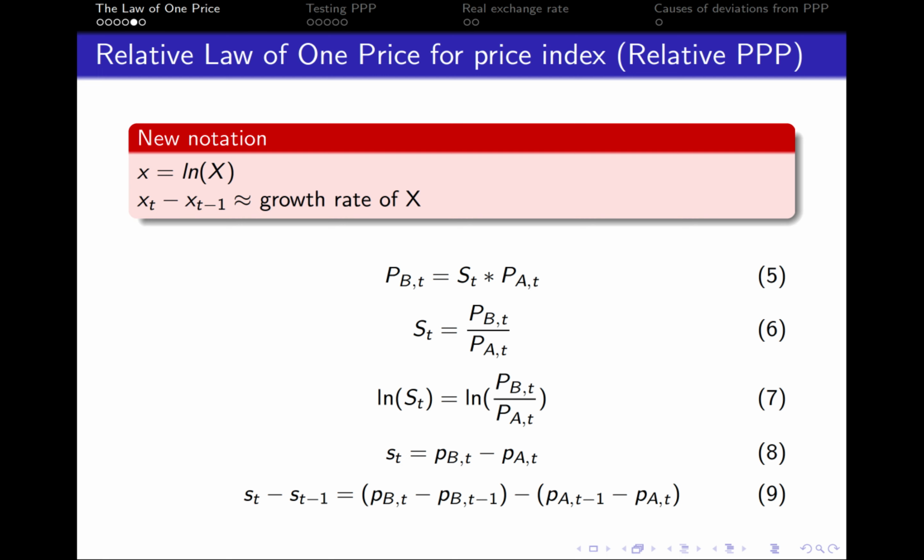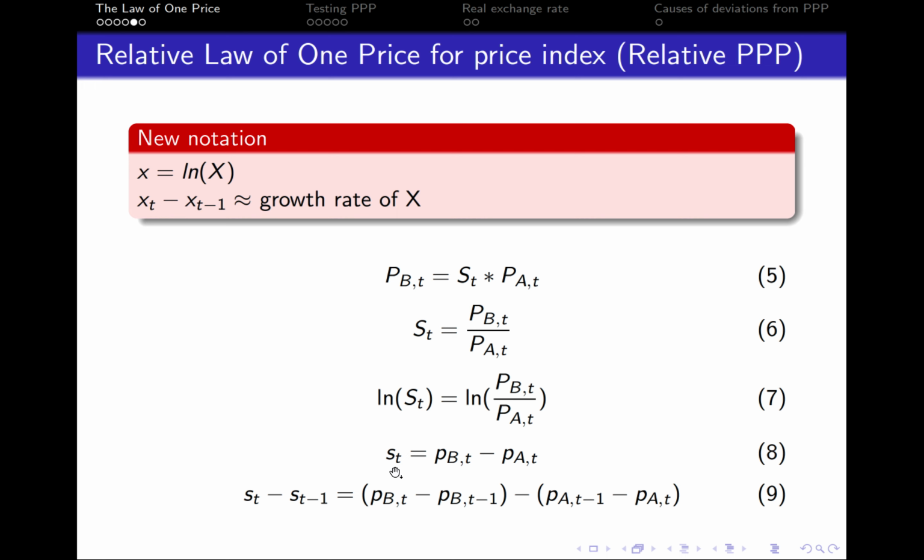Now, if I multiply, divide both sides by P_US, I will get the price index in Britain divided by the price index in the United States is equal to the exchange rate. Now, what I can do is logarithmize both sides.